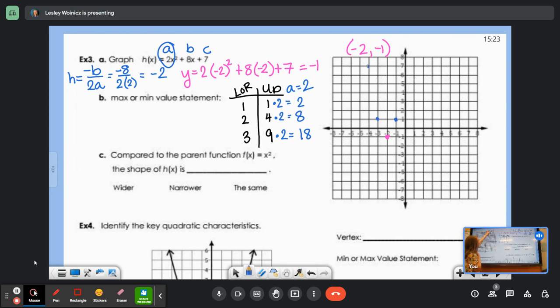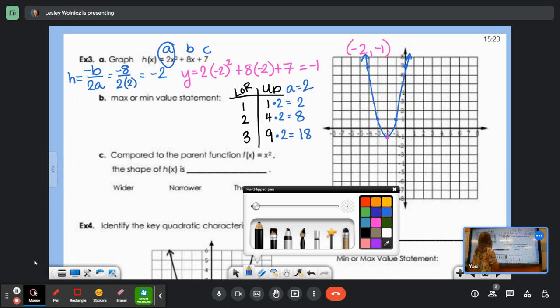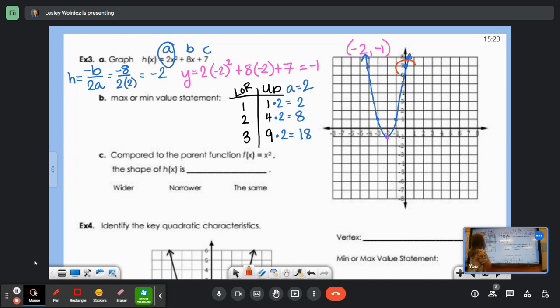Make sure that every time you start at your vertex. Okay, if you did it right, your y-intercept should be 7, or 0, 7. Seems about correct.